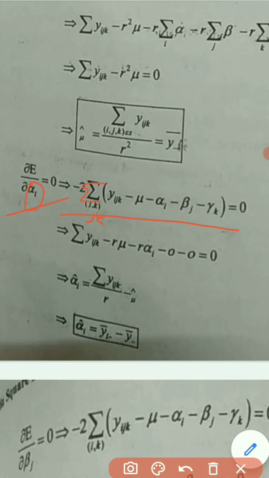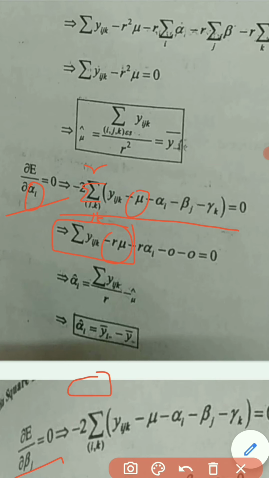If it is beta j, it will be summation of i and k. j will not be there. So when you differentiate this, put the summation to this, it will be only r, summation till r. So that's why here in place of mu, we will write r. Mu summation, we will write r.